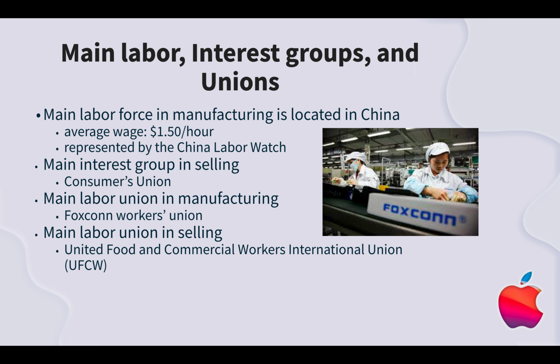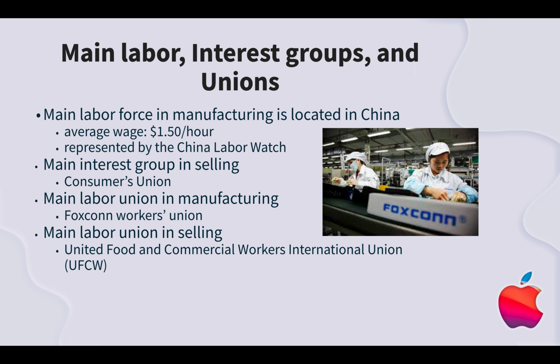Main labor, interest groups, and unions about the iPhone. So the main labor force in manufacturing is located in China with an average wage of $1.50 per hour. It's represented by the China Labor Watch.